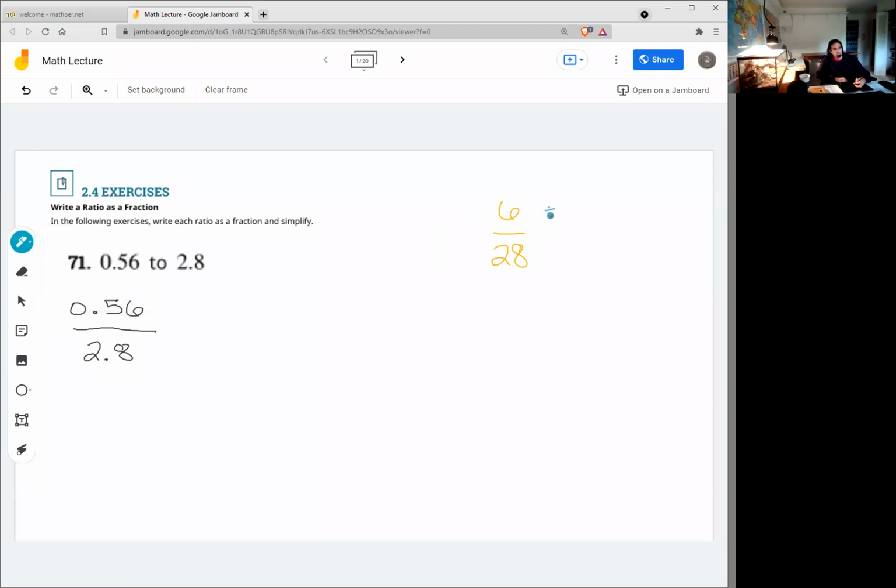It looks like it's going to be 2. So divide by 2 top and bottom, and then we'd be done. But having decimal places in the middle of the problem makes us feel stuck. Questions so far?